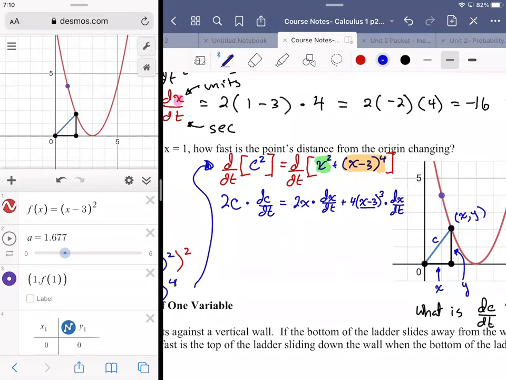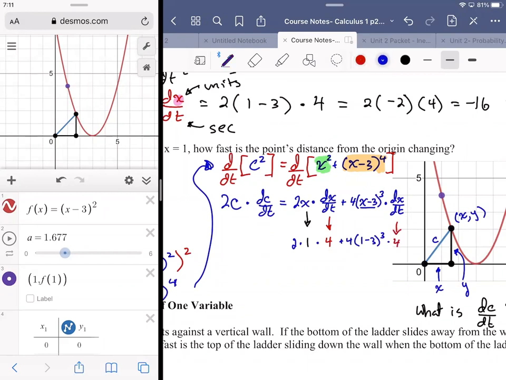All right. Now, they told us in the open that dx dt was equal to 4, a positive 4. They told us in this problem that x is equal to 1. We have a built-in 2 here, so 2 times 1 times 4 plus 4 times 1 minus 3 cubed times another 4.